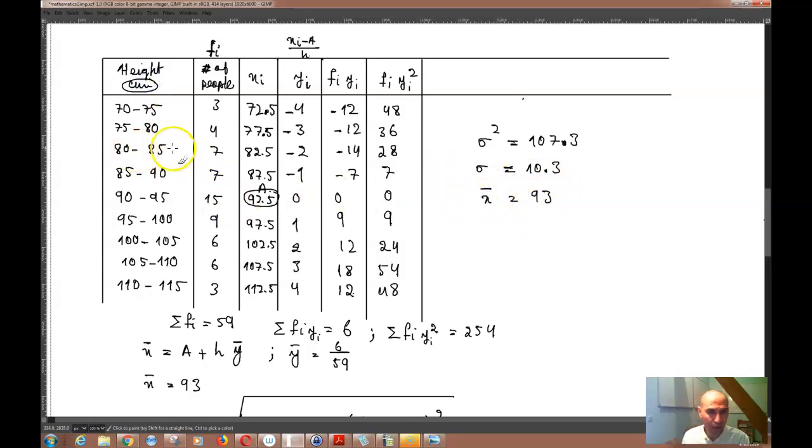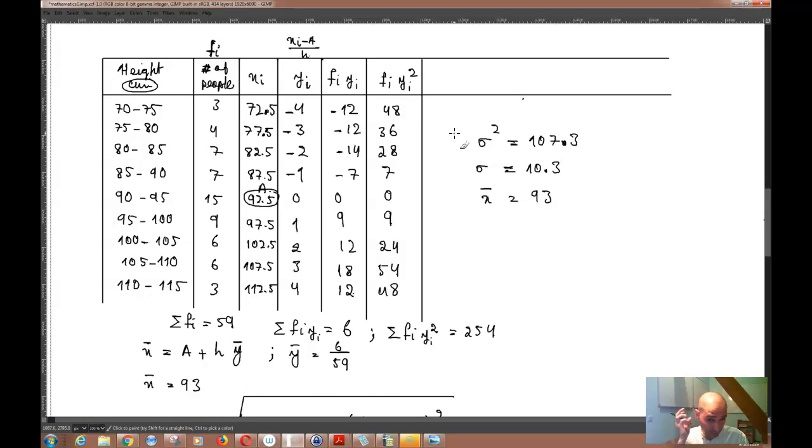That means that on average, every one of these people was about 93 centimeters. And then these are basically two measures of how the data is scattered.